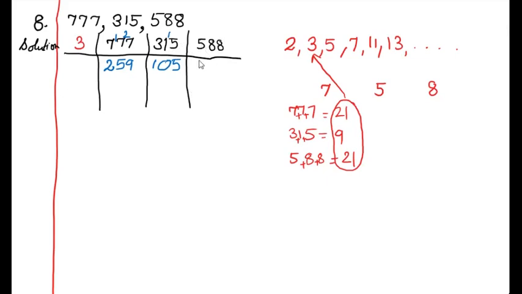Now we will move on to our next number. What is that next number? 588. Yeah. So first we will search for this 5 in 3's table. We will not have 5, but we have a smaller number, that is 3. Yeah. So we'll write here 3 1s are 3. From 5 we will subtract 3. We will have 2. That 2 we will write here near this 8. It will become 28. Is 28 divisible by 3?